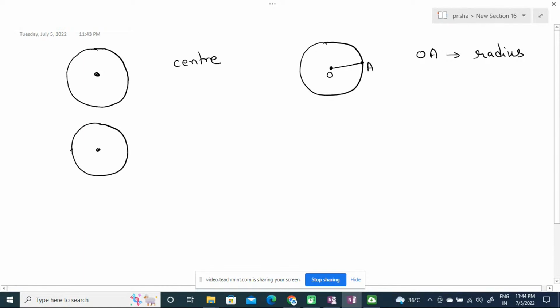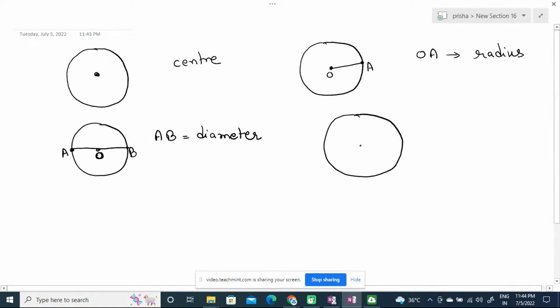Now this is a circle and this is a center. If we join any line which is meeting at two different points in a circle and passes through center, they must pass through center, then this distance AB is termed as diameter. Now for example, there is a circle and this is a center.